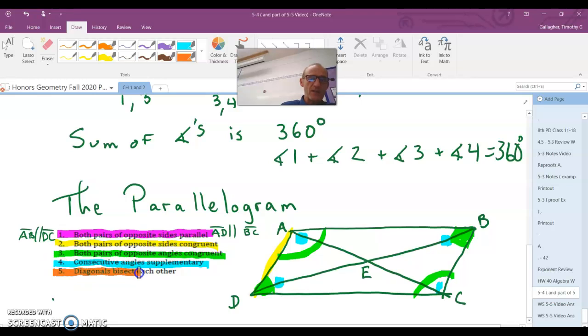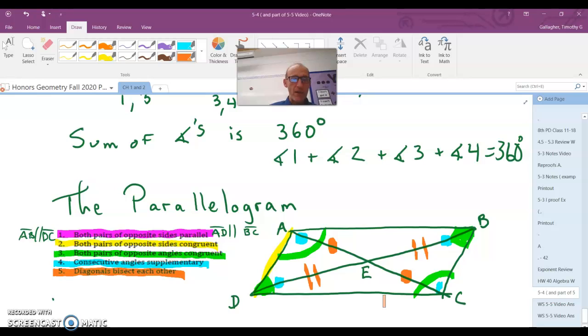The diagonals bisect each other. So that means this segment is congruent to this segment, and this segment is congruent to this segment. So the diagonals bisect each other. Now there is a lot going on there, so we have to kind of unwrap that and keep that in mind. So how do we show that?